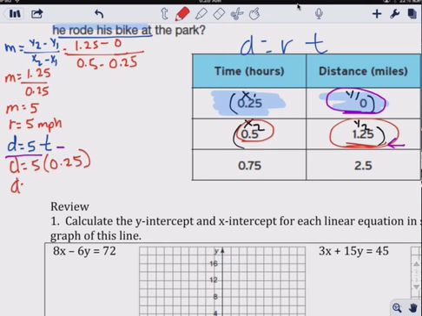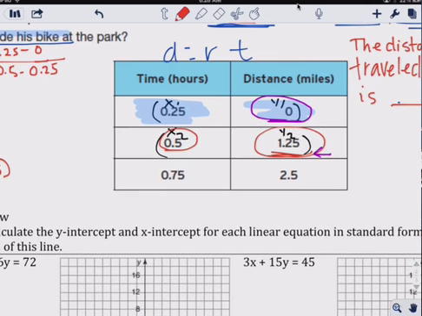So the distance is 1.25 miles. So this, instead of 0, should have said 1.25 miles. But it doesn't work that way because they didn't put it there, because he resets at 0, and then here you would get 0 and it wouldn't work.